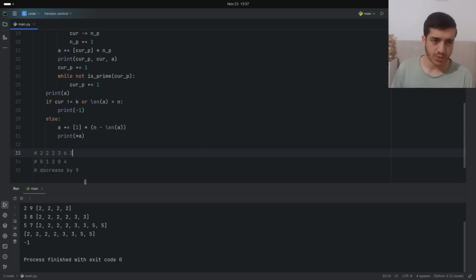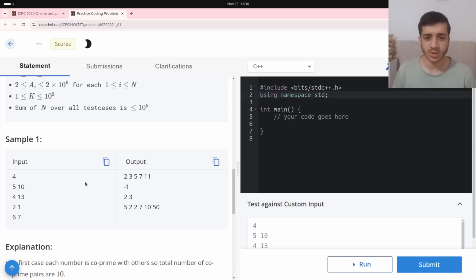If I add another 3, that doesn't work. So what about this one? Decrease by 0, then 1, then 4, and now I already decreased by 6, and again it doesn't work.